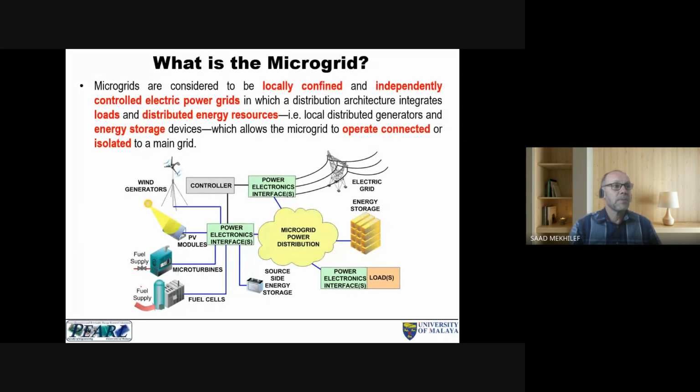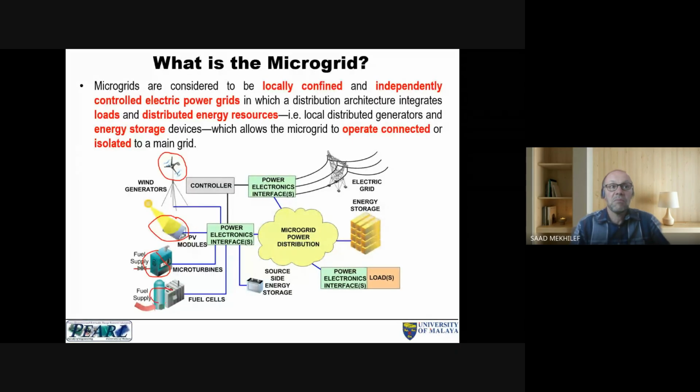Okay, so if you look into this figure, what you can see is a typical microgrid, and this one is grid connected. Here we have a wind turbine, we have solar PV modules, we have what I call a micro turbine, which is basically a diesel generator.